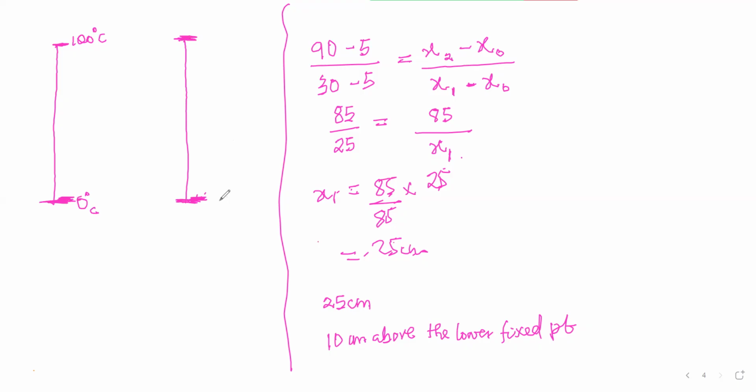So X naught is a reference point, 0. X2 must be 25 centimeter because the distance between the lower fixed point and the upper fixed point must be 25. So in between, we must have a total distance of 25.